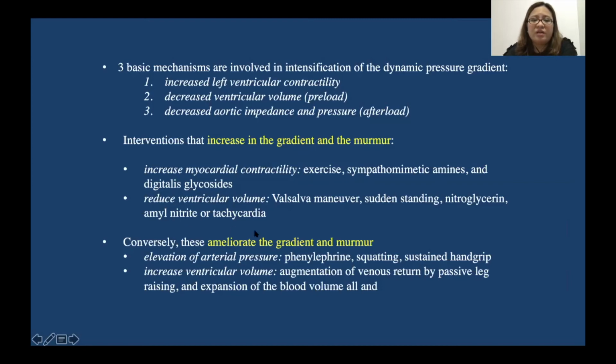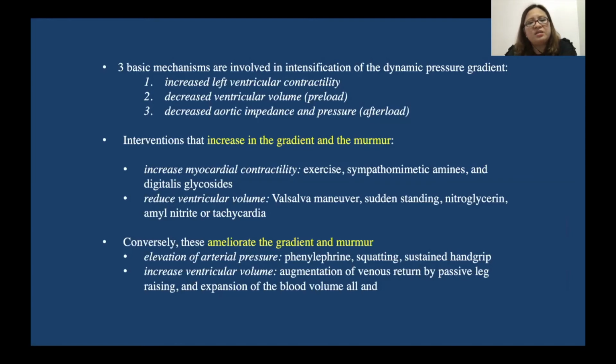Conversely, what are the maneuvers that can ameliorate or decrease the gradient and murmur? If you elevate the arterial pressure by giving phenylephrine, by squatting, or by sustained handgrip exercises, you will decrease the gradient and the murmur of HCM.